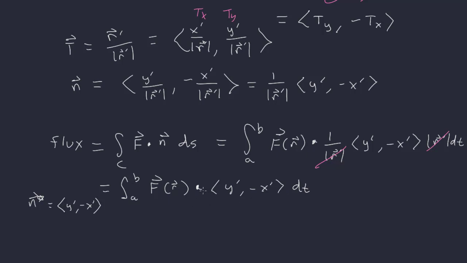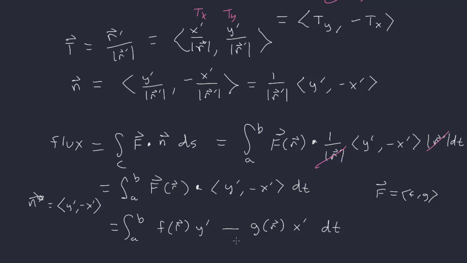So when we dot product this out, if capital F is our usual little f comma little g, this is going to be f of r times y prime minus g of r times x prime dt.